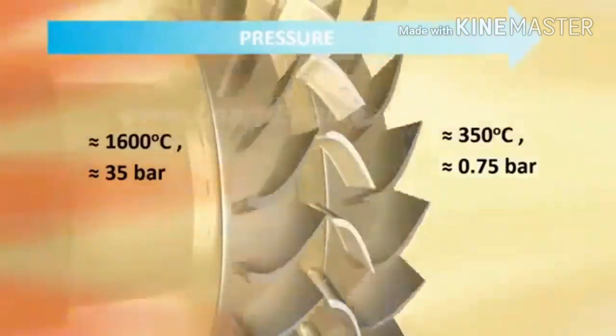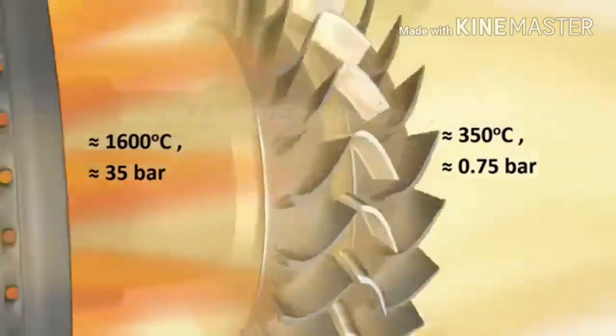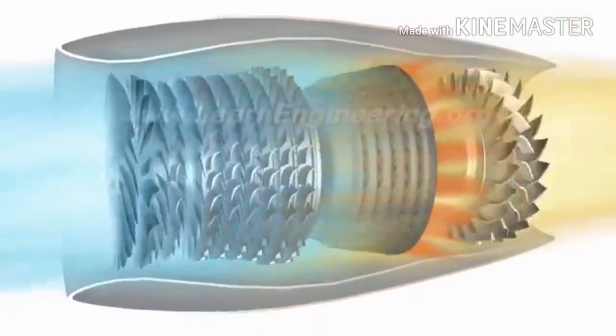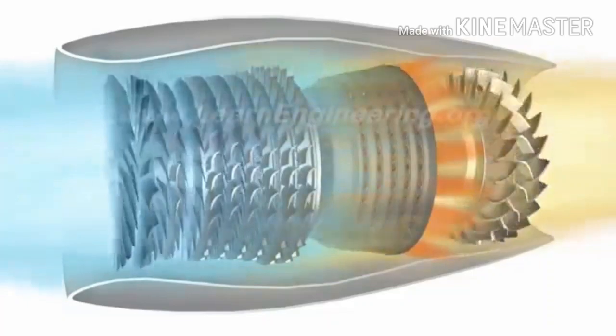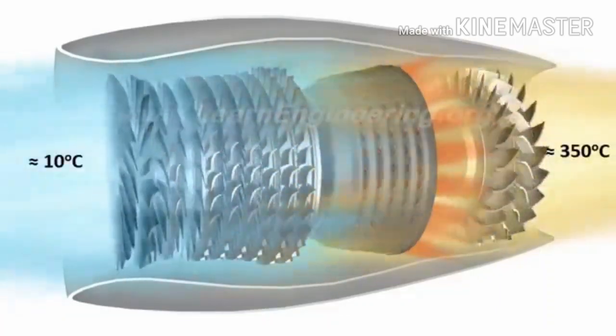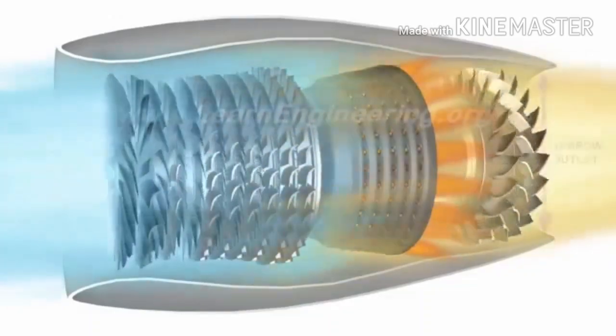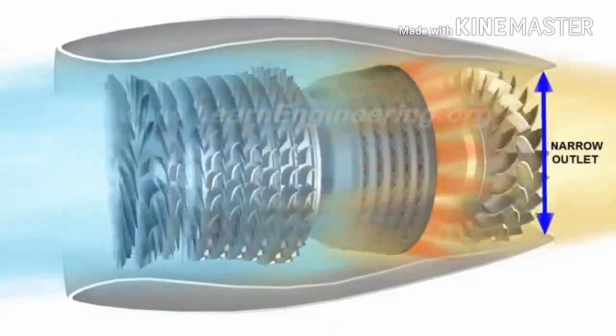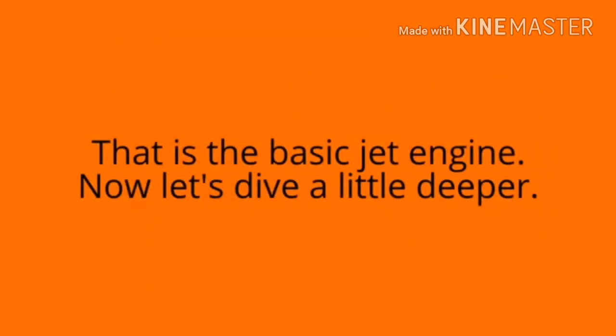This rotary motion in turn causes the high pressure compressors to move as they are attached in a single shaft. In a modern day jet engine, there is a narrow outlet which increases thrust. That is a basic jet engine.